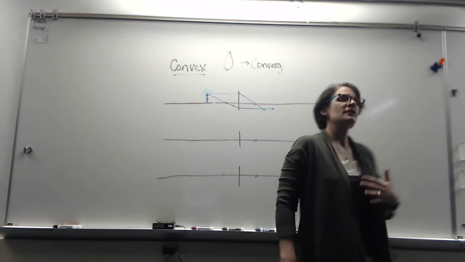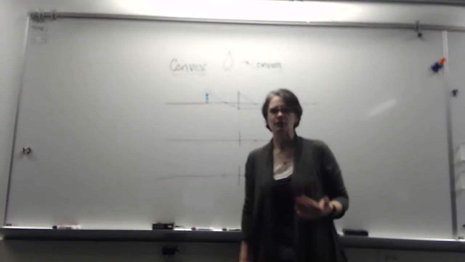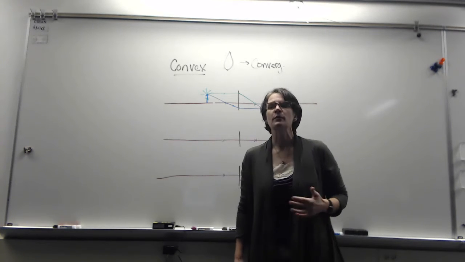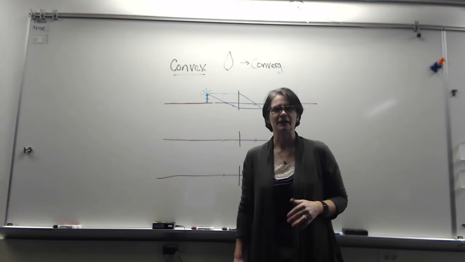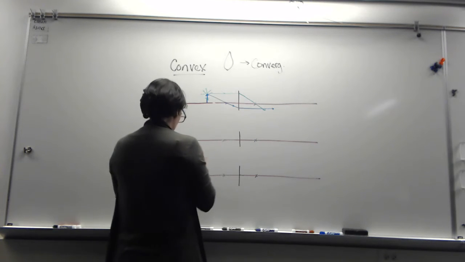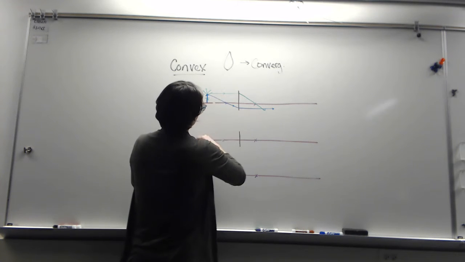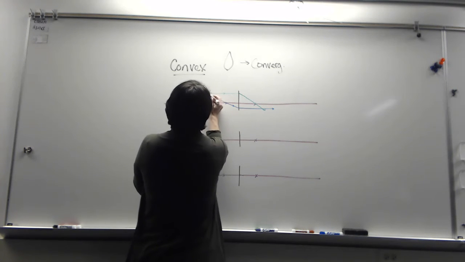If the angle of incidence and the angle of refraction are both 90 degrees, the ray will remain unrefracted. And it's hard to visualize this, but this will happen for a ray of light that goes through the exact center of the lens.